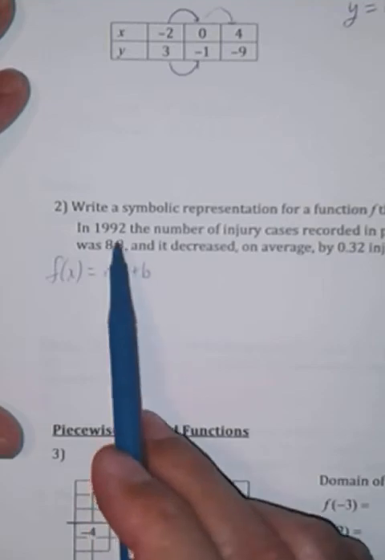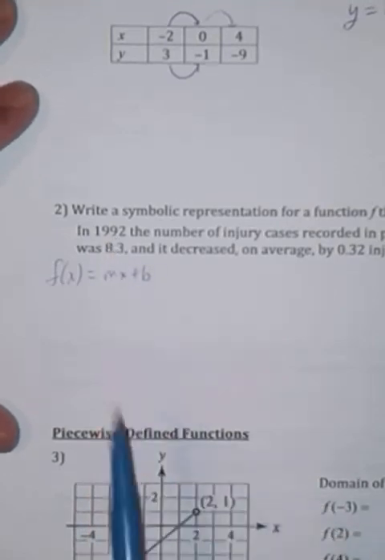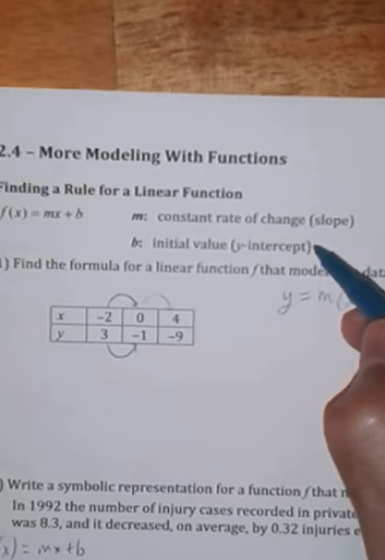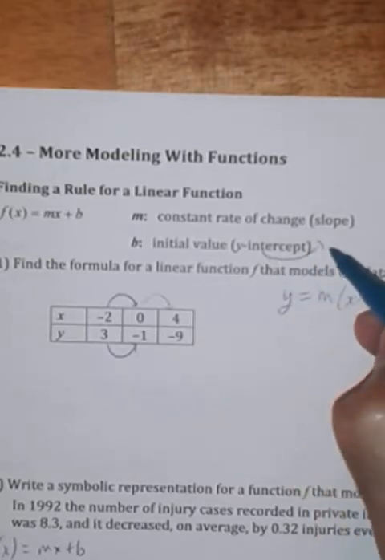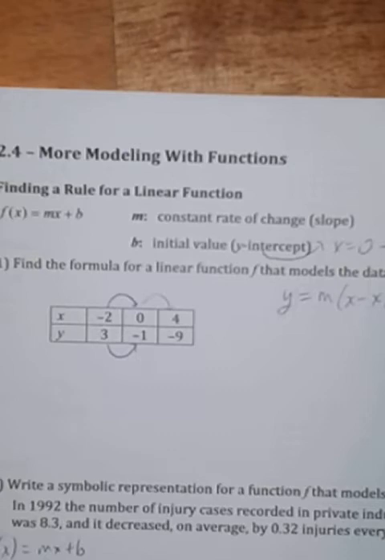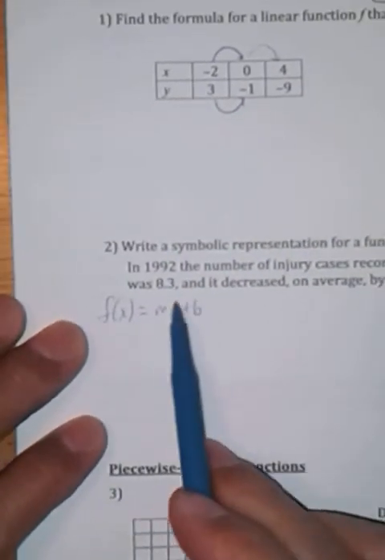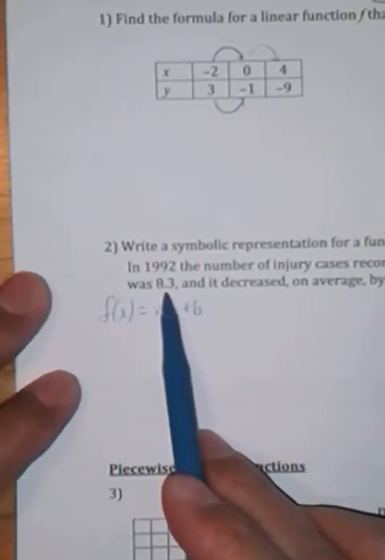However, that's for 1992. If I go back up here, something we want to remember is for the y-intercept, x equals 0. That means in function notation, you're really just looking for f of 0. So down here, 8.3 should be f of 0, right?